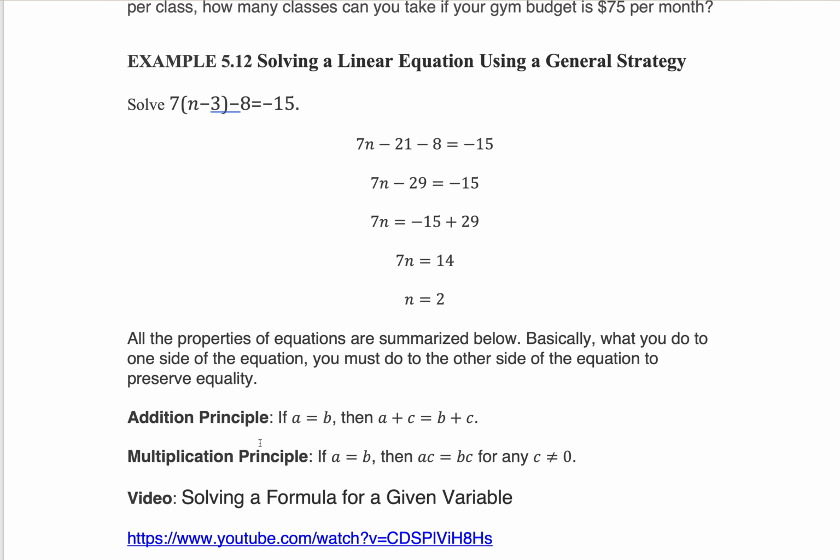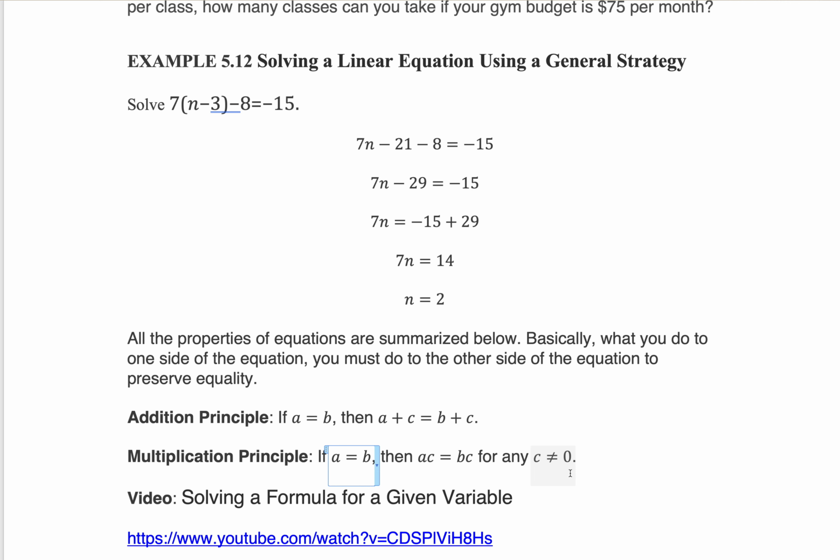Similarly, we do have the same rule for multiplication and division. On the notes, I just listed this as the multiplication principle. In words, we can say if A and B are the same, then A times C is the same as B times C. And certainly C cannot be 0. If we see 0, it won't make sense.